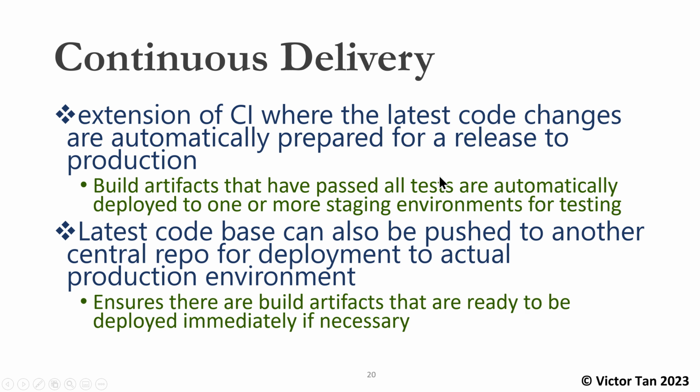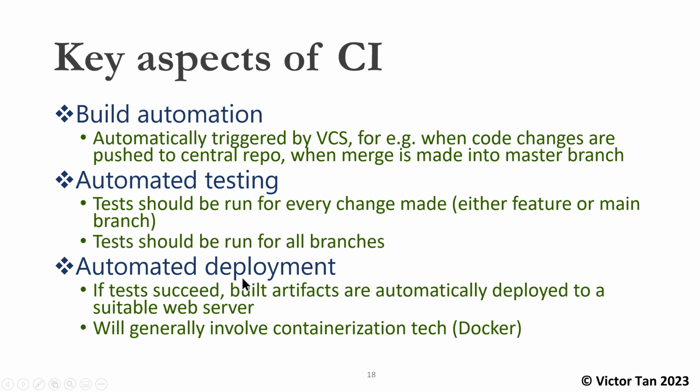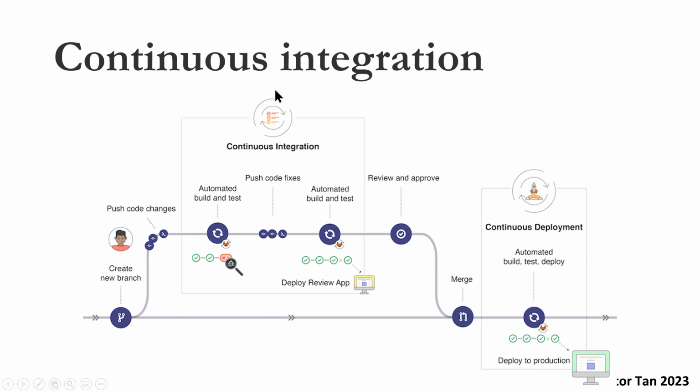Okay, and then at the same time, your code base that has passed through the CI phase, you can also push it to another central repository, and this central repository is only to hold code for deployment to the actual production environment. So now you have two central repositories. One is for your production environment, and another is just for CI.